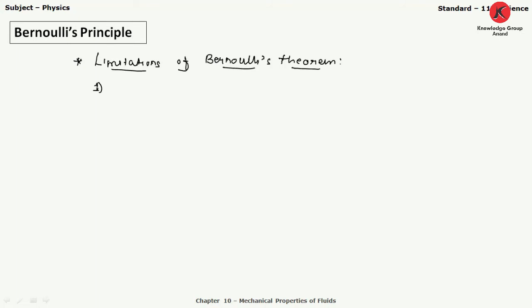So I am writing here, this theorem is obtained by applying the energy conservation principle.